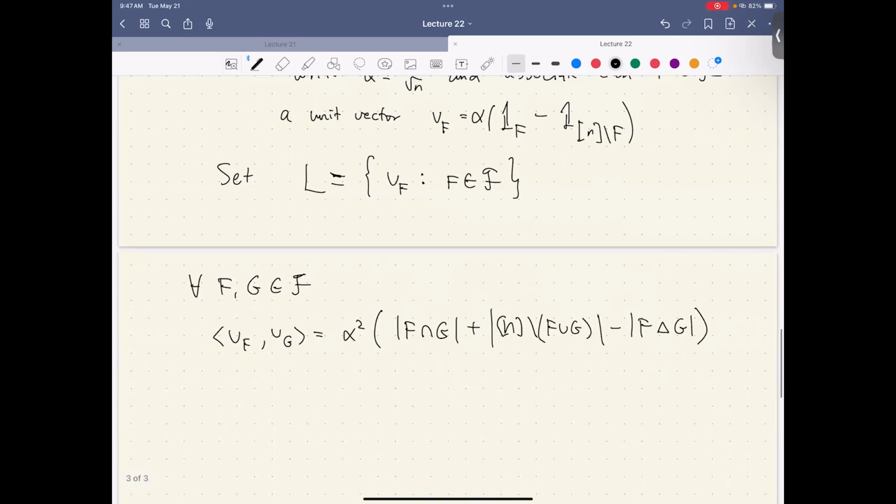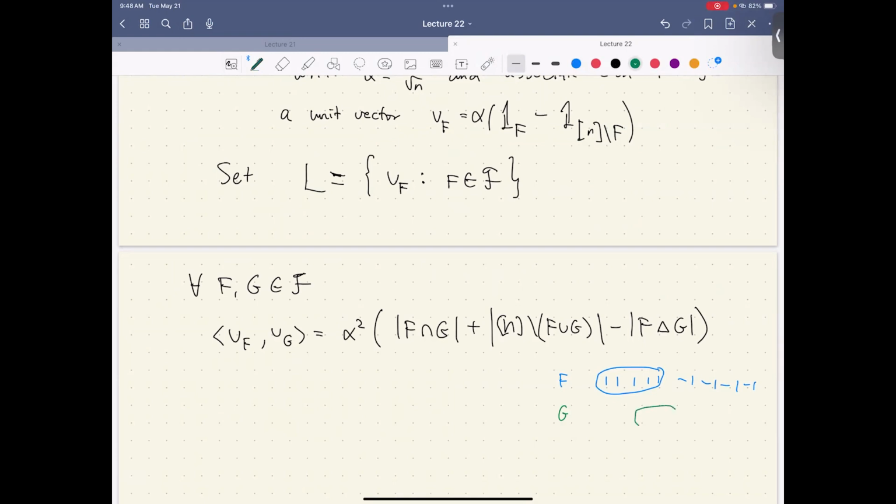Okay, let's explain why this is true. Since we take out alpha squared, we just need to look at 1, negative 1 vectors. Suppose F is 1, 1, 1, 1, 1, and negative 1 like this, and you have G that looks like this. Here it's 1, the rest is negative 1, right?